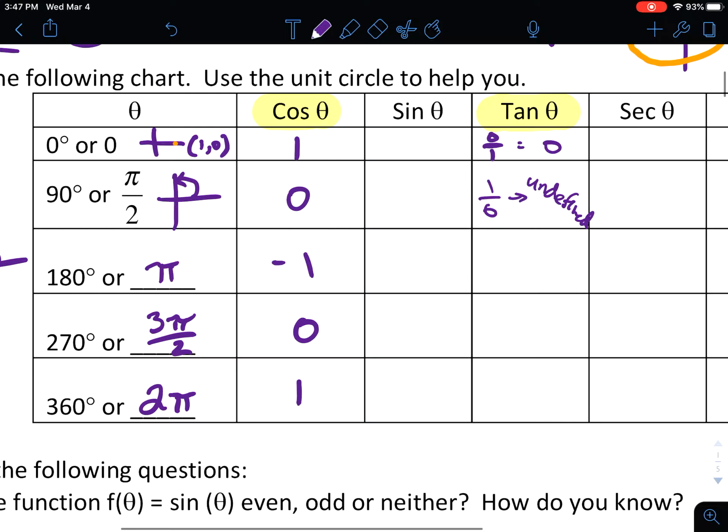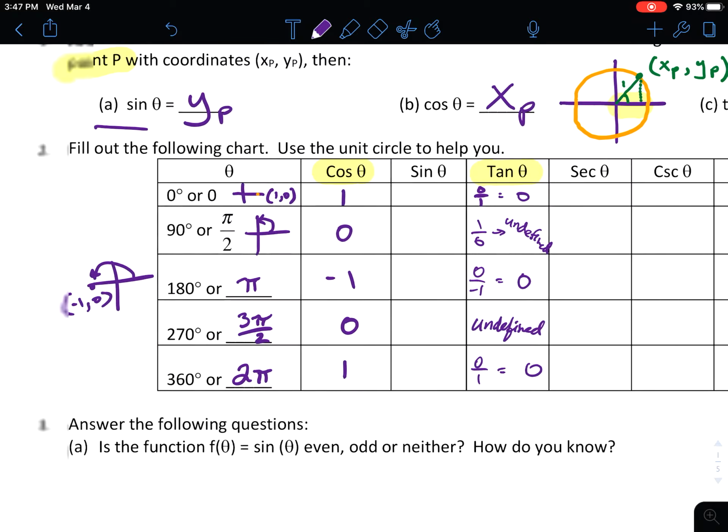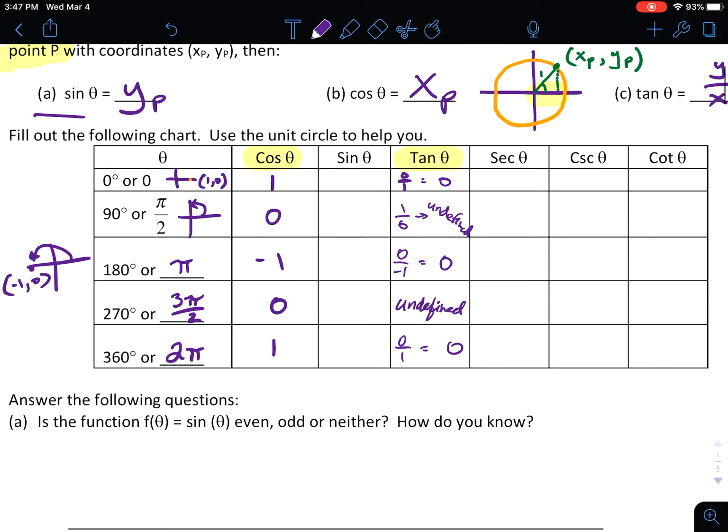And so it'll also be undefined here at 3 pi over 2, and it would repeat itself at pi and 2 pi. Again, this would be 0 over -1, which is just 0, and then we're back to 0 over 1 here. 0 again. You can repeat this process for sine, secant, cosecant, and cotangent.